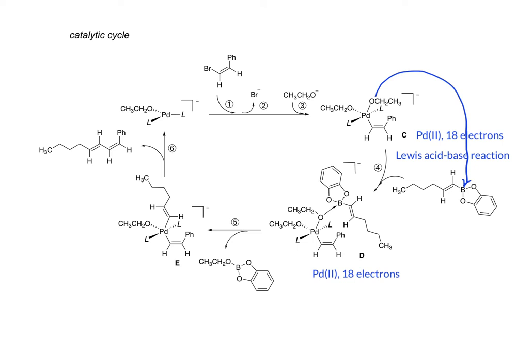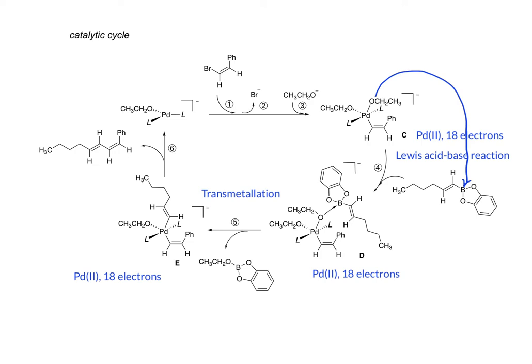This now sets the stage for a special type of ligand substitution, step 5, which is known as transmetalation, in which a carbon ligand is transferred from a more electropositive boron atom to a more electronegative palladium atom, in intermediate E. Transmetalation is also favored thermodynamically by forming a covalent bond between electropositive boron and highly electronegative oxygen.